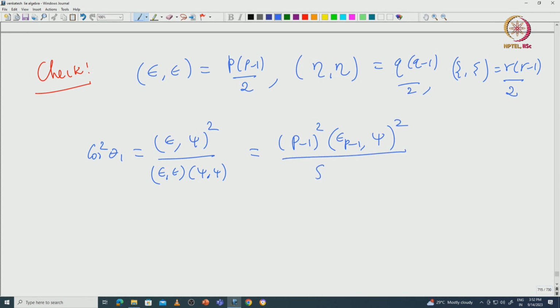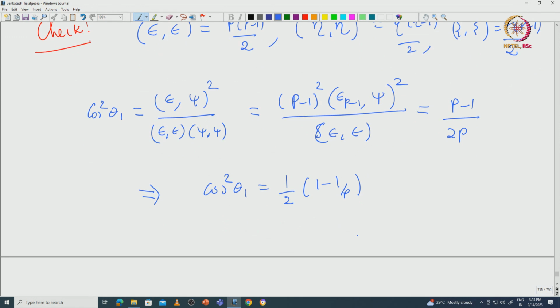So then this is what you are getting, and if you simplify this, you can see that this is going to give you exactly p minus 1 times 2 times p. So then this is going to tell you that cosine square theta 1 is just half times 1 minus 1 by p.